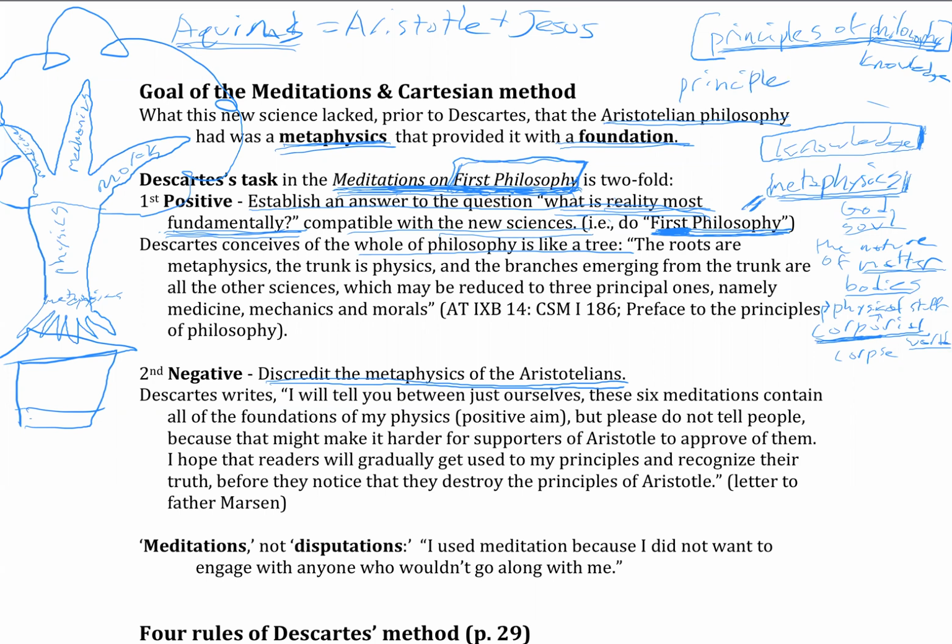We saw principles back with Aristotle. With Aristotle, a principle was a beginning or a starting point, or the most basic bit of knowledge out of which the rest of knowledge grows, like the roots in a tree.